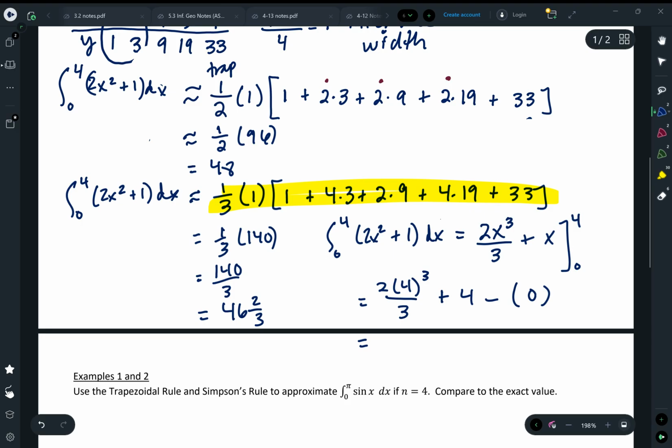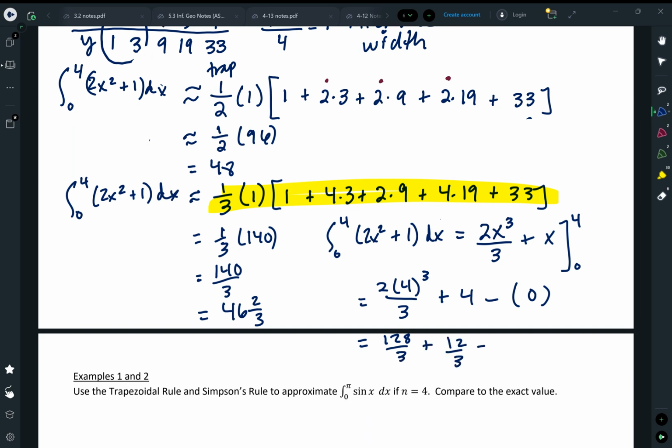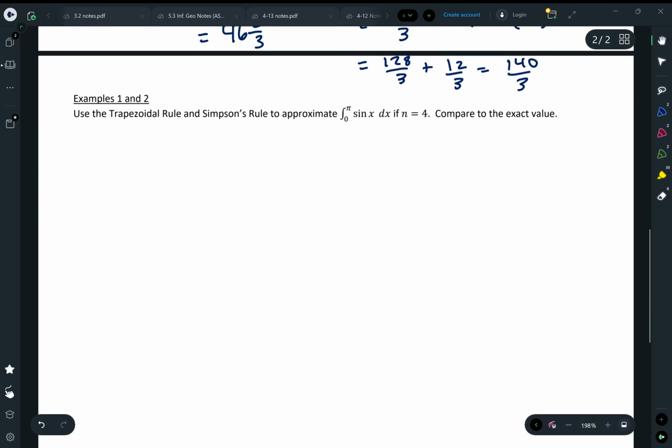So this ends up being, let's see, 2 times 64 would be 128 thirds, plus 12 thirds is equal to 140 thirds. So just what we got for Simpson's rule. So it's really kind of cool to see how close our Simpson's rule approximation is, and really even the trapezoidal rule. It's a much better approximation than if we're using a left Riemann sum or a right Riemann sum.